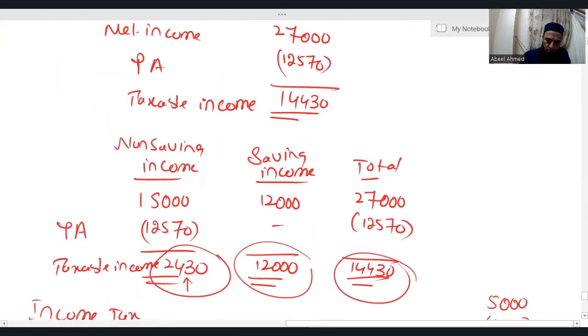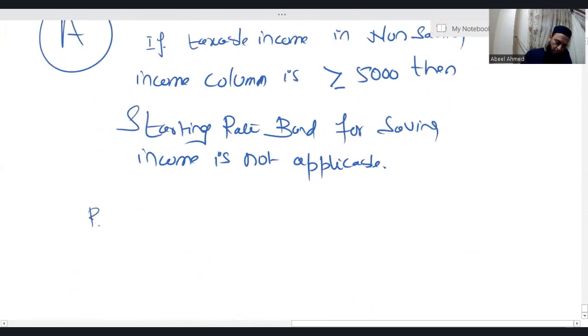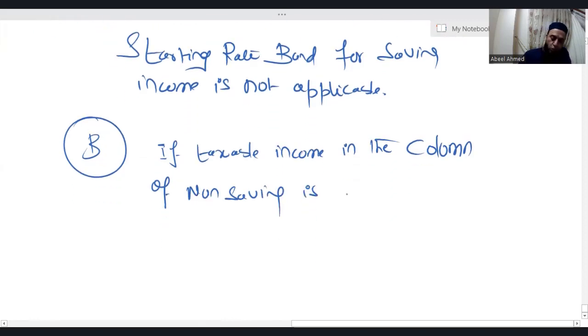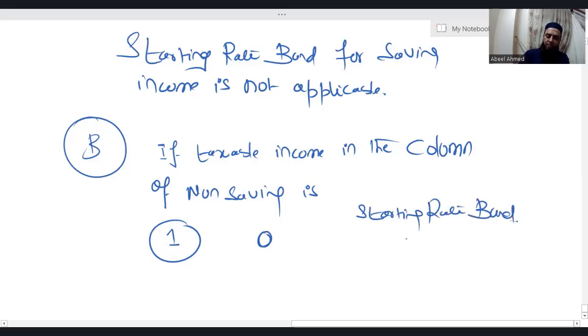Now let me write one more thing, B. If taxable income in the column of non-saving is, let's say, 0, just an example, then what is the starting rate band limit for saving income?